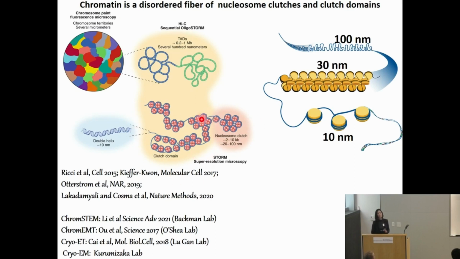And we think that this is important for regulating gene activity because it provides more of a flexible template for regulatory proteins to act upon than this very rigid 30 nanometer-like fiber organization. And we do have some evidence that these are transcriptionally relevant. So for example, using multicolor super-resolution microscopy, we showed that the larger the nucleosome clutches and the more compacted the nucleosomes are, the more they exclude things like RNA polymerase II.